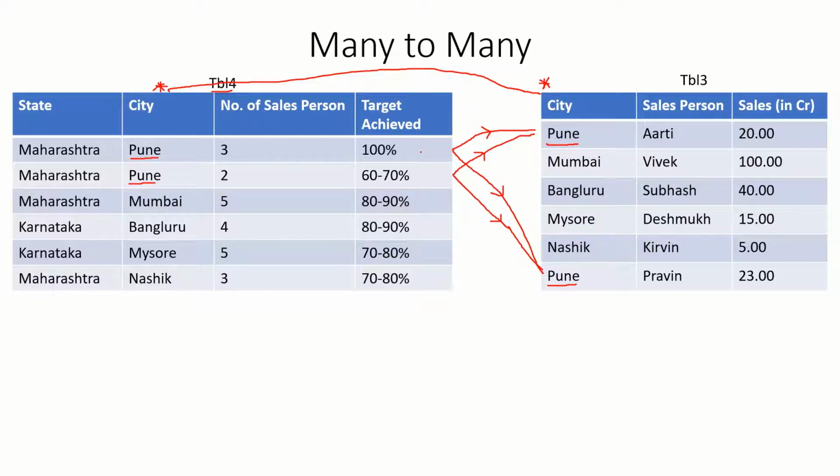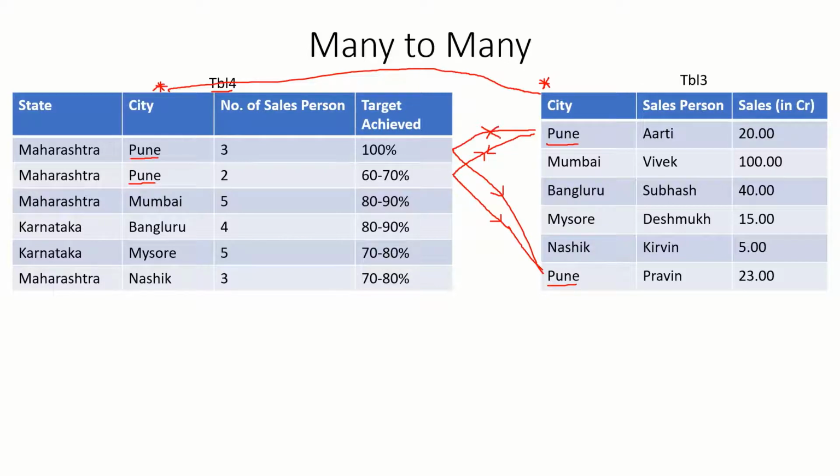We'll look at the joins again, but the relationship is many to many from both ends. The first row of table 4 has created a many relation, one with the first row, one with the last row of table 3. So it has created a one to many relation. Even in table 3, the first row has a relation with the first row of table 4, and the first row of table 3 also has a relation with the second row of table 4.